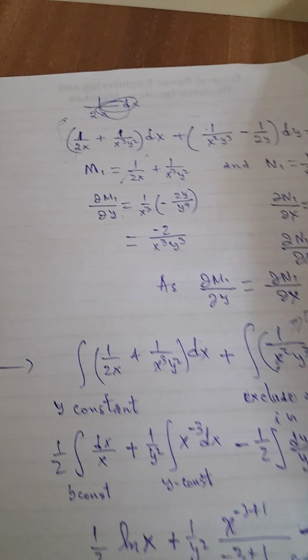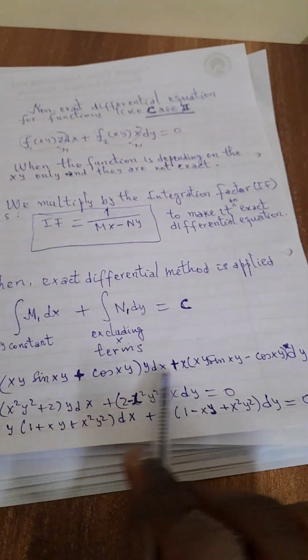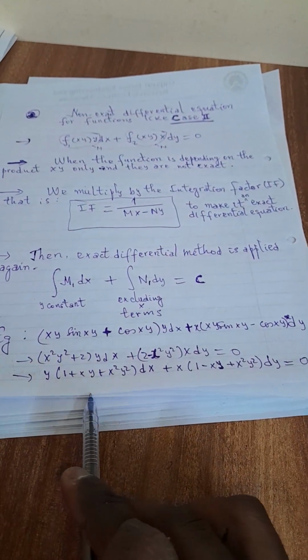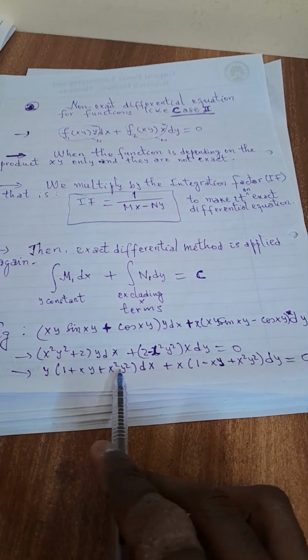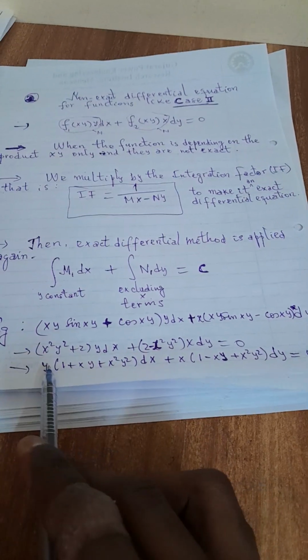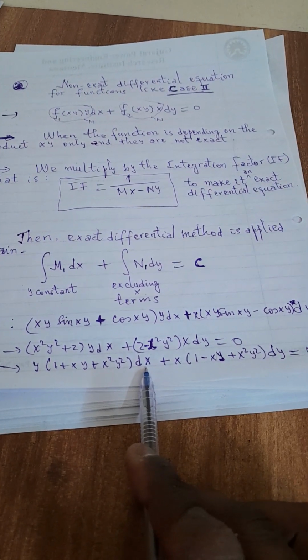You can do the same for this exercise here. This is for you to do at home. And this one, you can see is in the form of a function of xy, and this is y dx. So we can say this is the second case that we can apply.